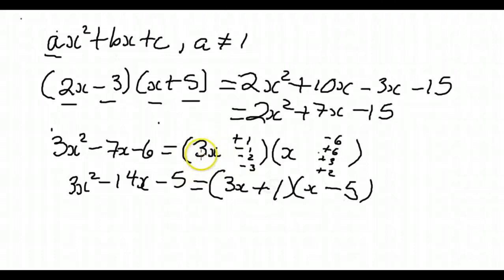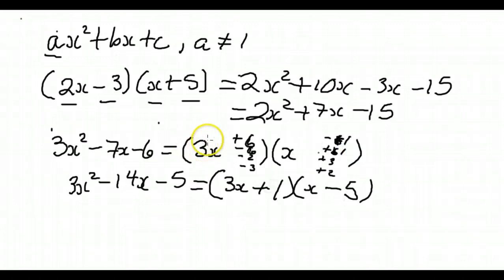Well, if I take the 3x and multiply it by a negative 6, that's going to give me minus 18, and then I'll get a 1x. Well, a product of 18 and 1 is not going to do it. So it can't be a 1 here and a 6 here. Well, what if the 6 were here and the 1 were over here?